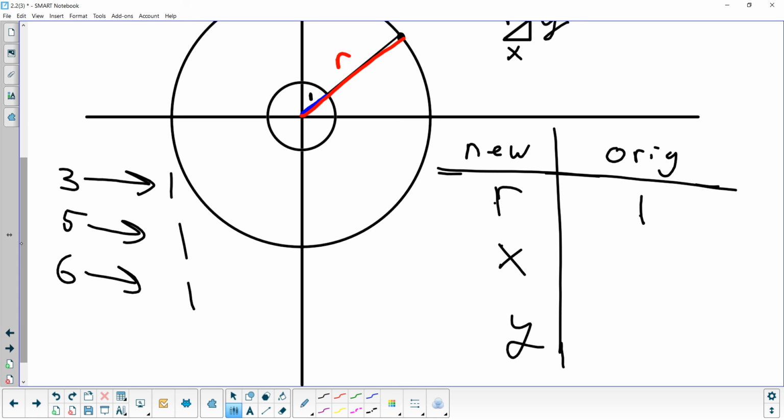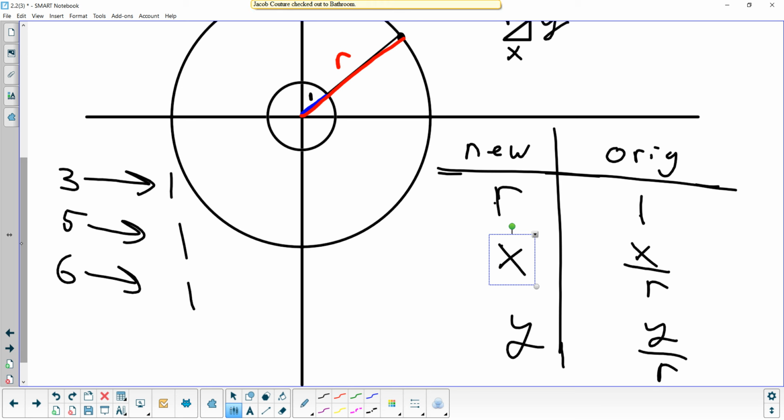Because if you think about making a shape smaller, you can't just make one side of the shape smaller. You have to make all sides of the shape smaller. So if we divide r by r, we get 1. We also have to divide x by r, and we have to divide y by r.